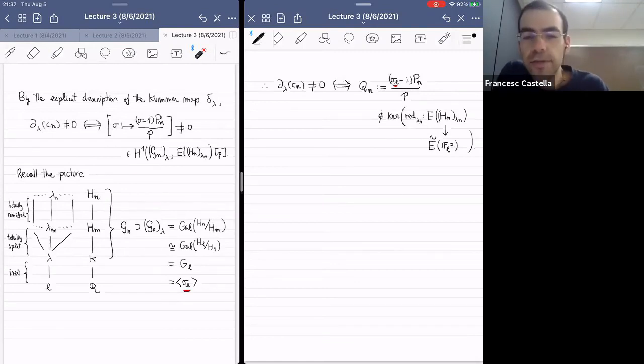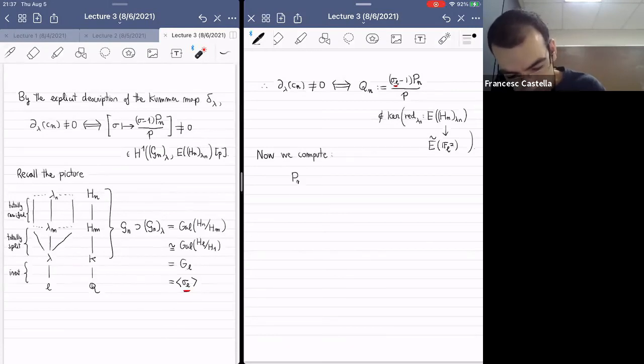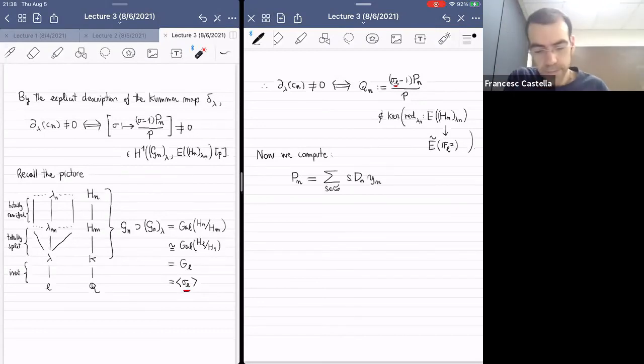Okay, this is convenient for us because we already have this congruence relation that we proved yesterday, which will now aid us in determining whether this point is in the kernel of reduction or not. Now we can compute and easily get what we need. Remember P_n was defined as this sum over the s in this script S of s d_n y_n.